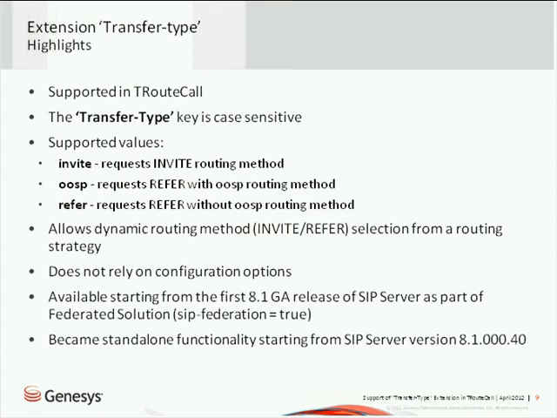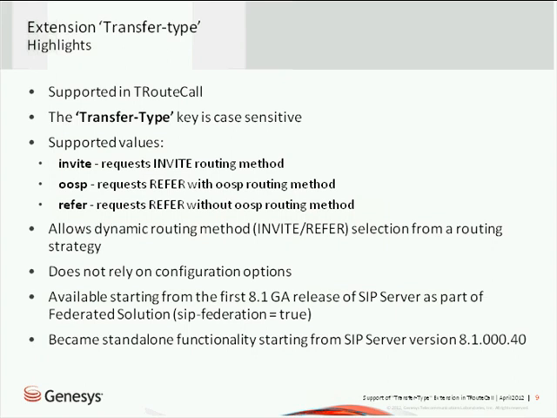You can't say, for example, depending on some call information data which you analyzed in your routing strategy, this call I want to be routed using, for example, the OSP method, and this one I want to use the good old invite method.